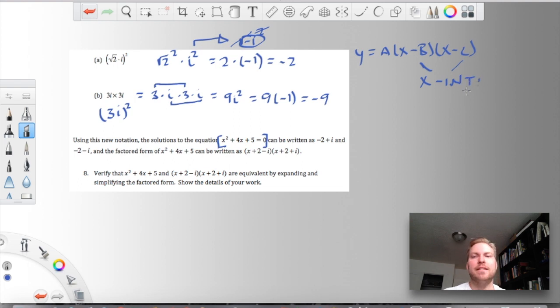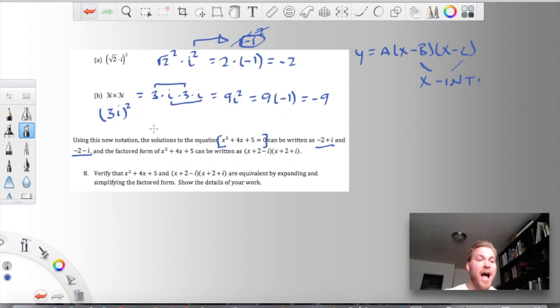In this case, because we don't have real x-intercepts, we have these imaginary x-intercepts, and so we're replacing them with these two complex numbers that represent those x-intercepts in the imaginary plane. That might sound a little fancy, but we can still plug those in. If we put this into the quadratic formula, we would get as our solutions -2 plus i and -2 minus i, because again, they're not real, right? So we're going to get these complex numbers.